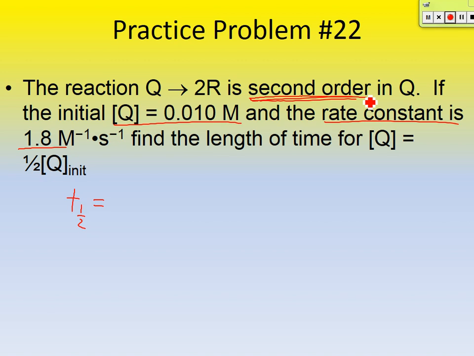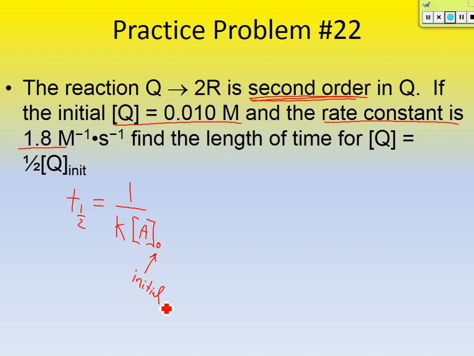At the very bottom of that page, I give you the equation for half-life. It's t to the 1/2 is equal to 1 over the rate constant times A naught. Guys, what is this little 0 sign telling us? That means initial. The initial concentration.